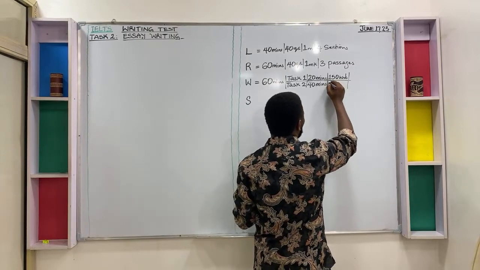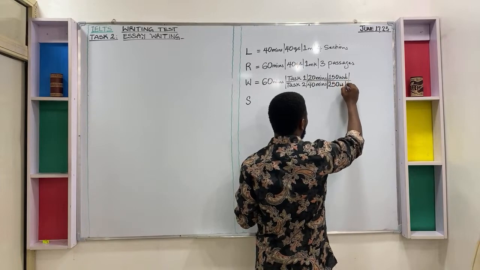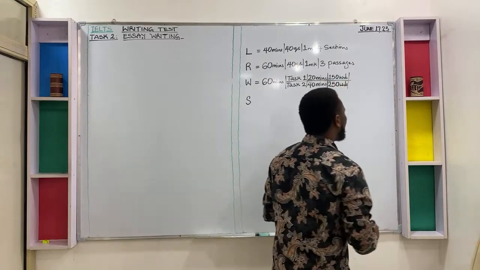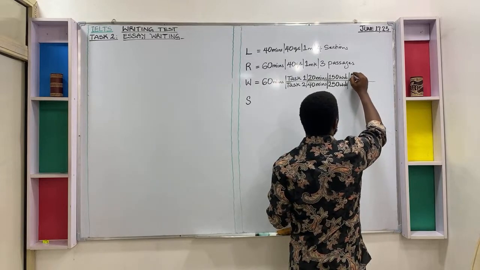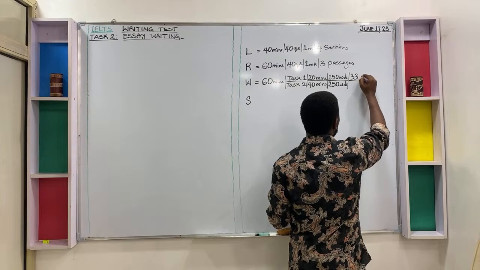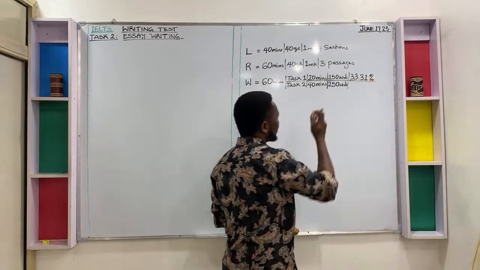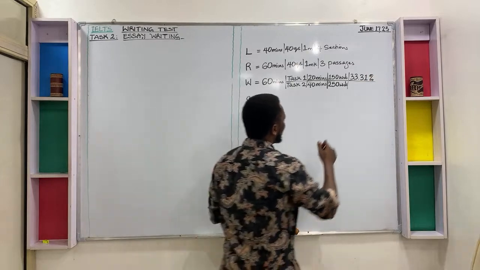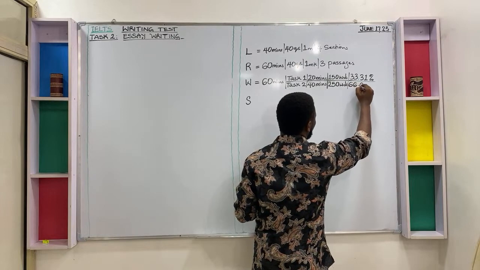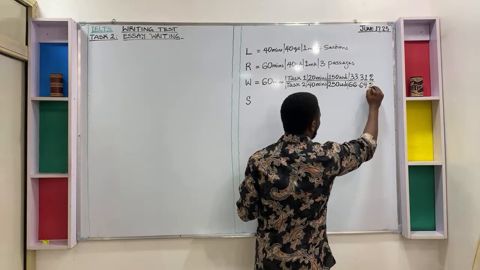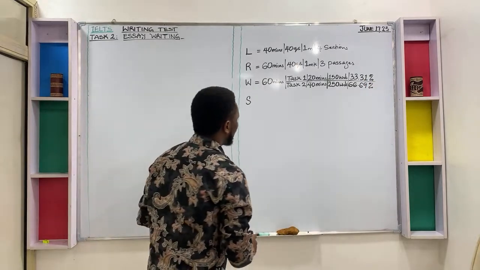Then your task 2, you are required to write a minimum of 250 words, nothing less than this, but you can write more. Now, your task 1 gives you just 33.31% of the entire score you get from your writing test, while your task 2 gives you 66.69% of the score.